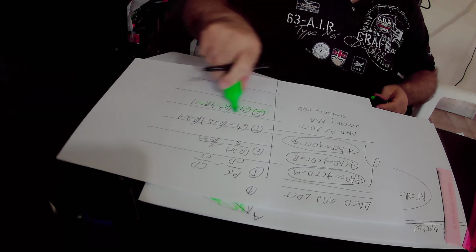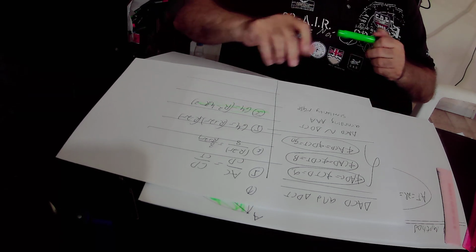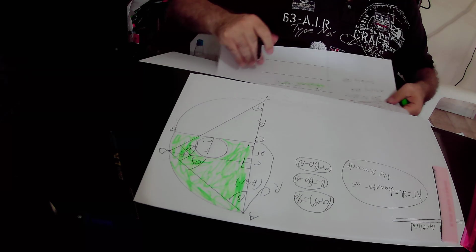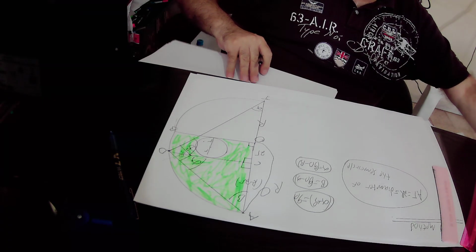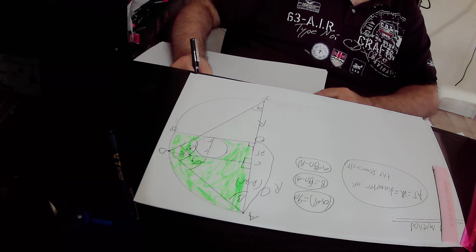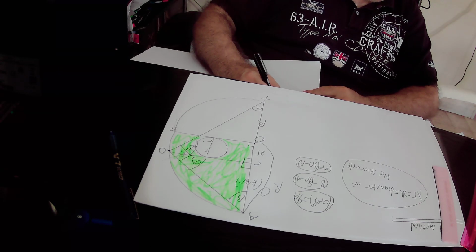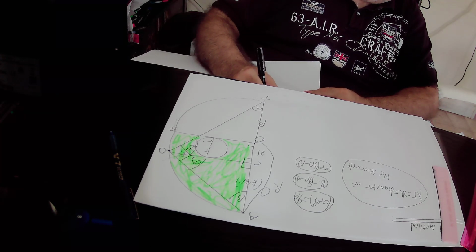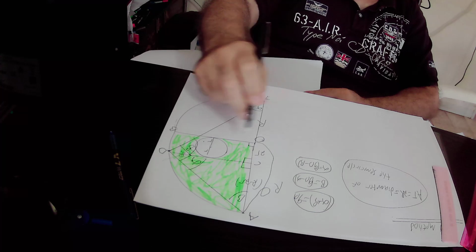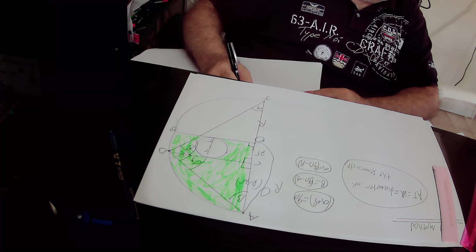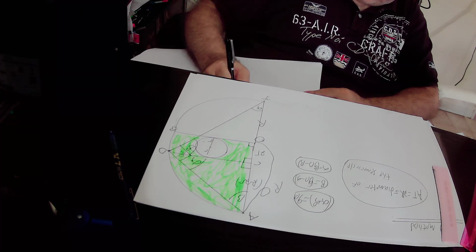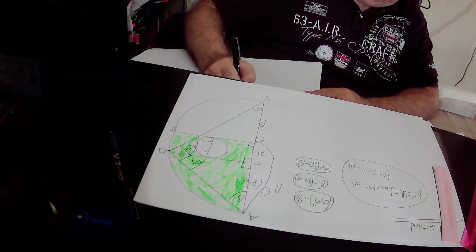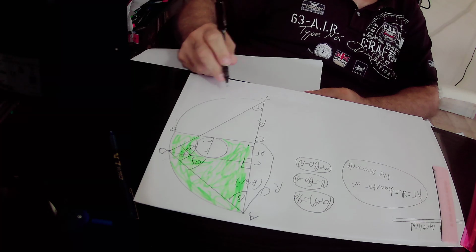But what is actually the area of the grain shape? The area of the grain shape equals to the area of the quarter circle minus the area of the small circle.